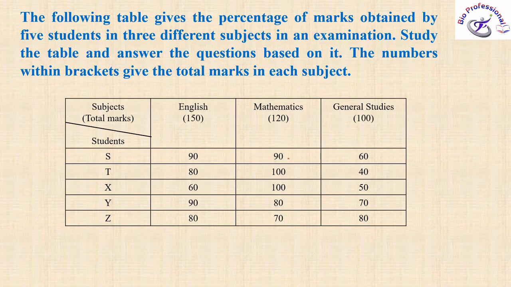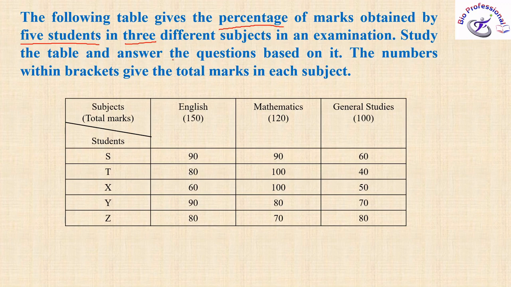Now, the first question is: the following table gives the percentage of marks obtained by 5 students in 3 different subjects in an examination. Study the table and answer the questions based on it.